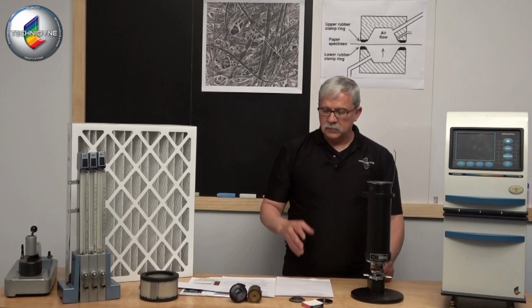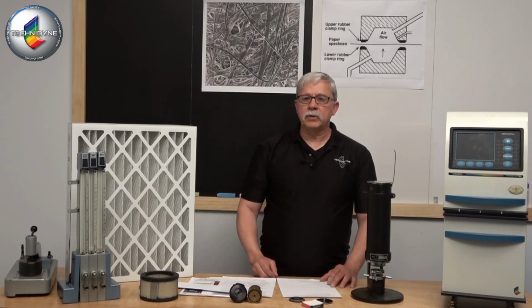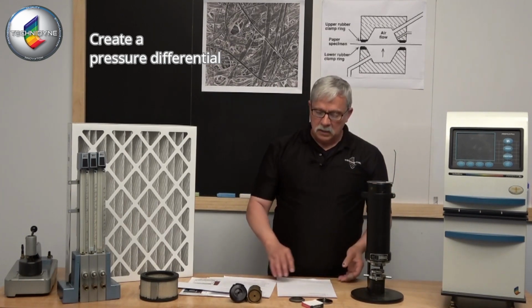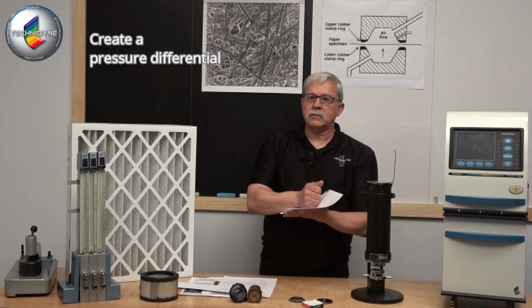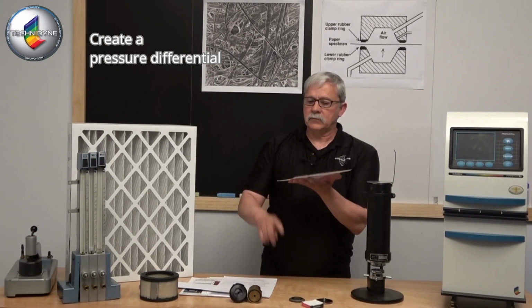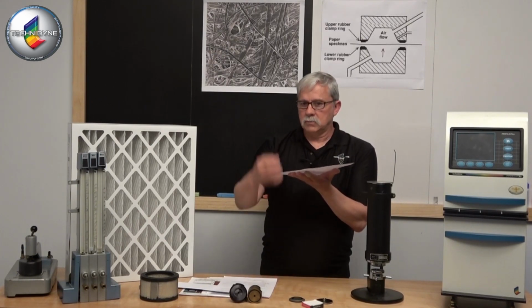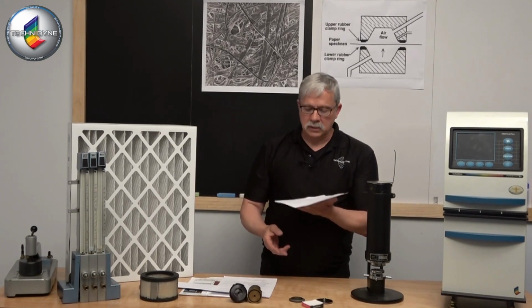The other thing is developing a means of creating a pressure differential. In some cases it's a vacuum, but in most cases it's actually creating and compressing air on one side of the sheet so that now we have a differential across that sheet, and the air will move and try to move to that lower pressure area, which is atmosphere in most cases.